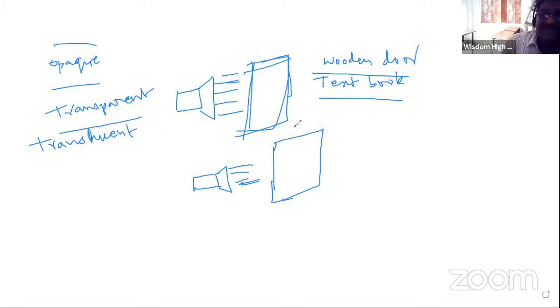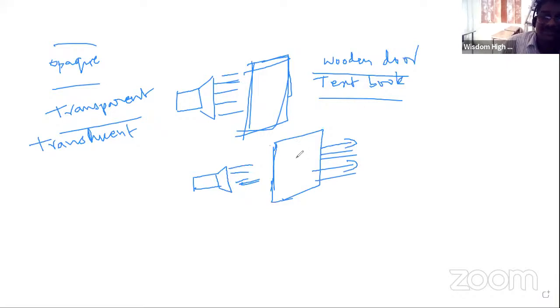What happens when you allow light rays through a transparent body? Light rays can propagate to the other side, from one side to the other. These are said to be transparent objects.